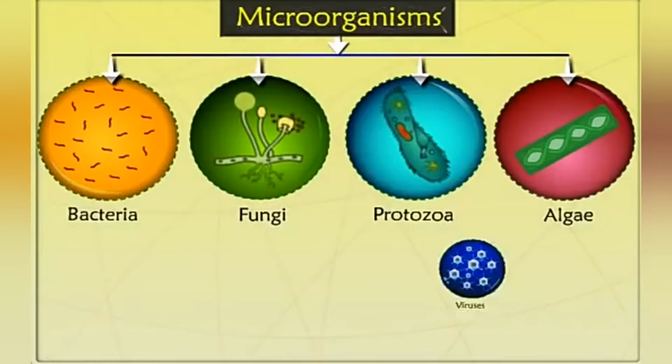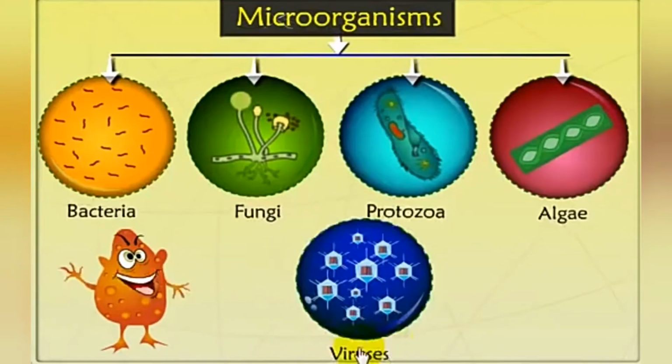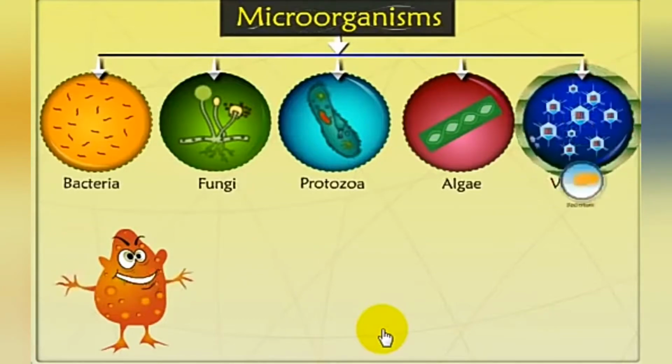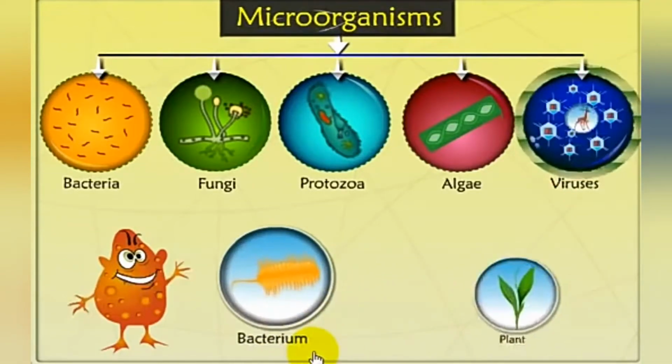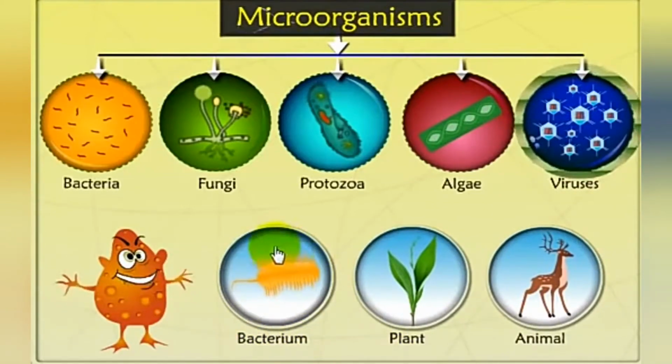Then we also have the virus, which is another group of microorganisms. They are tiny living organisms which can only be seen with what? With an electron microscope, unlike bacteria, which can be seen with what? With a light microscope. But in the case of virus, they can be seen with what?